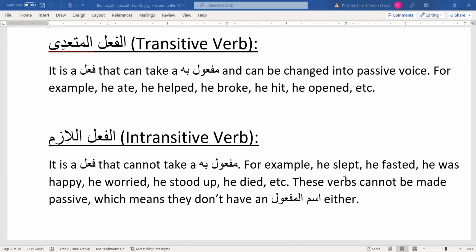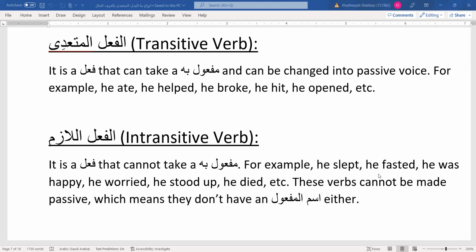So even if I want to try to make a passive out of it, he was slept, that doesn't make sense. He slept himself. He was slept doesn't make sense. He fasted. If I want to make it passive, he was fasted. Again, it doesn't make sense.